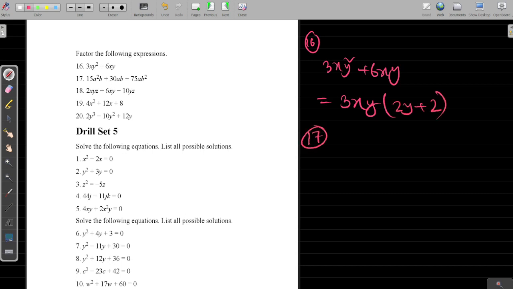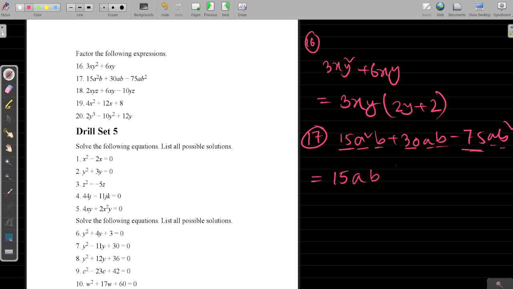Here I am going to solve number 17. 15a square b plus 30ab minus 75ab square. So what you should do here, you need to go for the middle term. But I think you don't need to take middle term here, because 15 is common here, and a square, a and a, so a will be common.